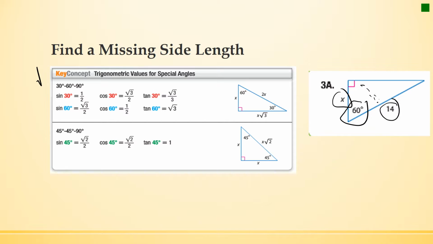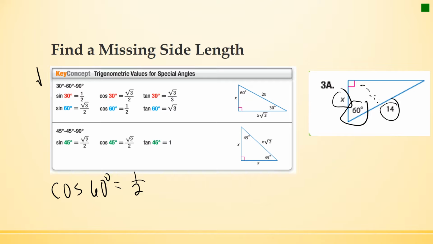And so we've got adjacent and hypotenuse with 60 degrees, so we want to use the cosine of 60 degrees. And the cosine of 60 degrees is 1/2. Now, if we know the cosine of 60 degrees, we can solve for x.